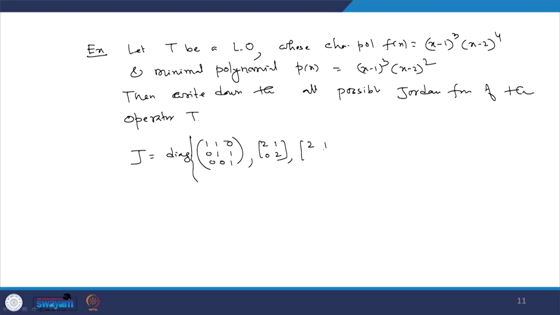So, one is like this: 2 1, 0 2. This is one possible Jordan block diagonal representation, I mean Jordan form.